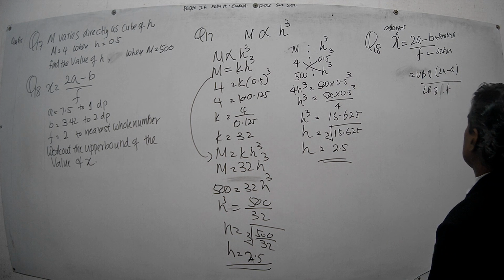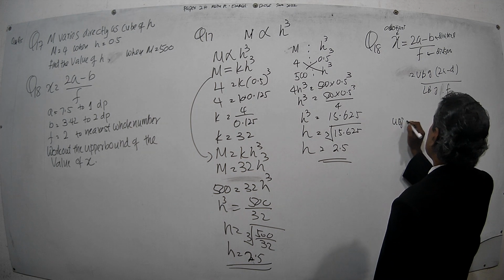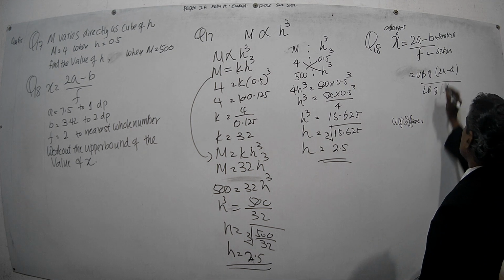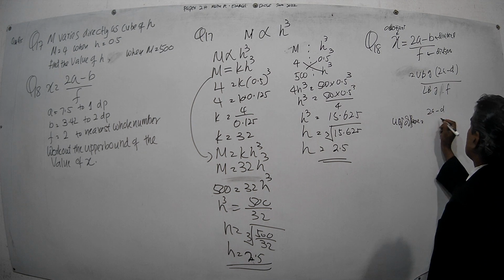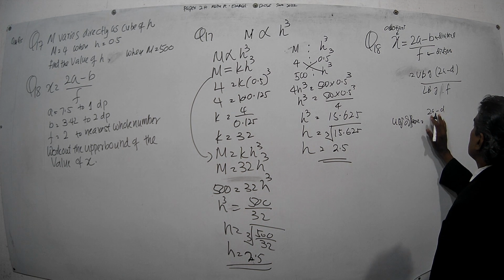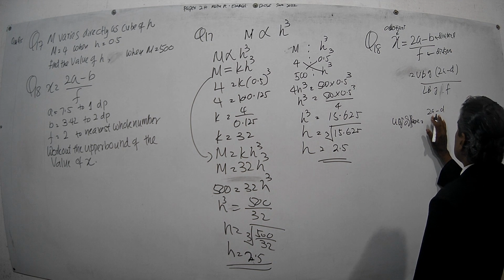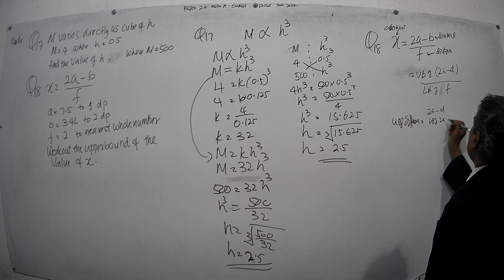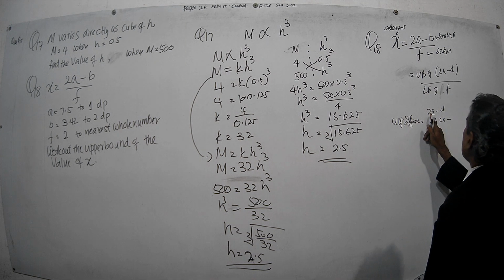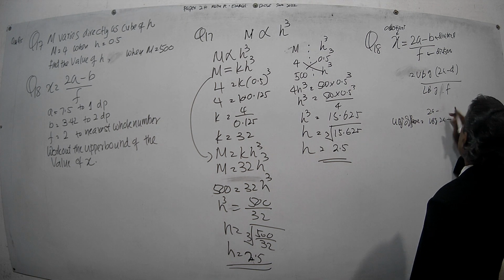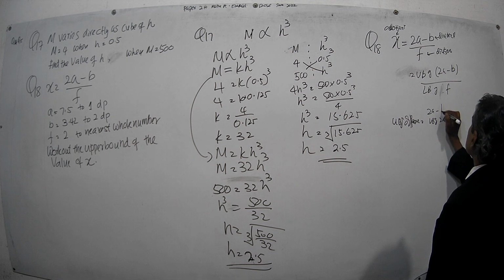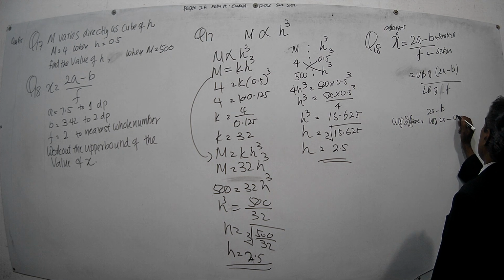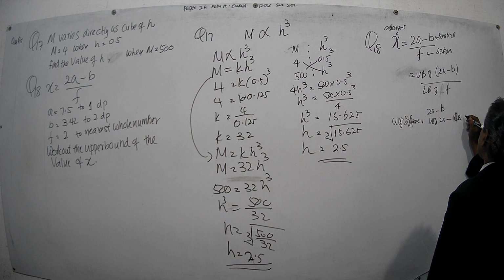How do you find the upper bound of a difference? The upper bound of the difference equals the upper bound of the first value minus the lower bound of the second value. Here the upper bound of 2a minus the lower bound of b.